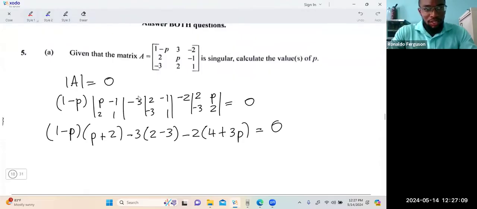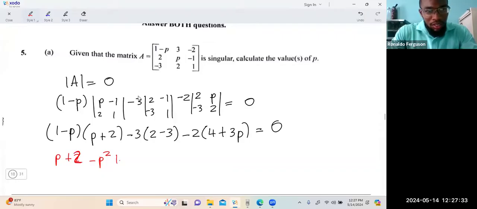So it leads to a quadratic where we have 1 times p is p. Then we have plus 2p. Then we have minus p squared. Wait, let me go again. 1 times p is p. 1 times 2 is 2 by itself. Then p times p squared.